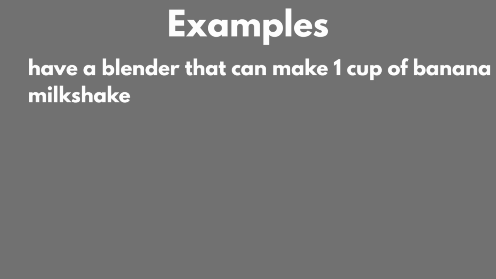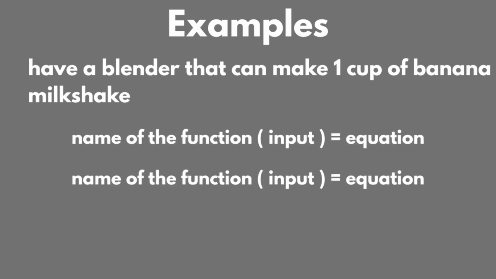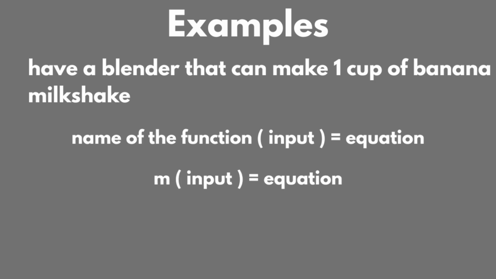Second example, I have a blender that can make 1 cup of banana milkshake per 2 bananas that you blend in it. So the name of the function can be m because the output is milkshake. The input name can be b because it's the number of bananas. The process is giving out 1 milkshake per 2 bananas.